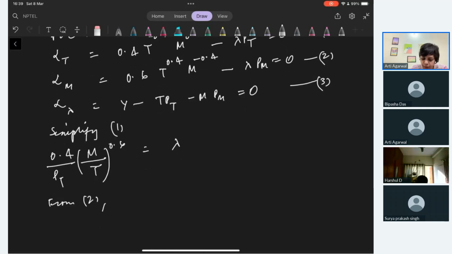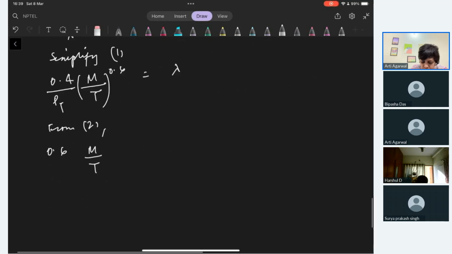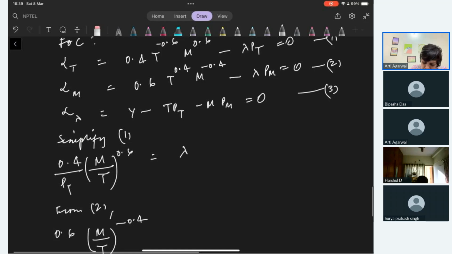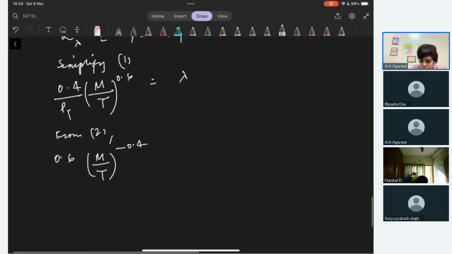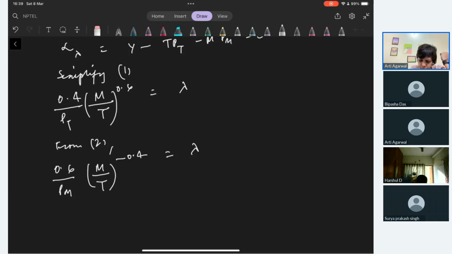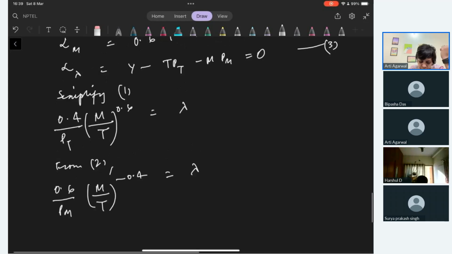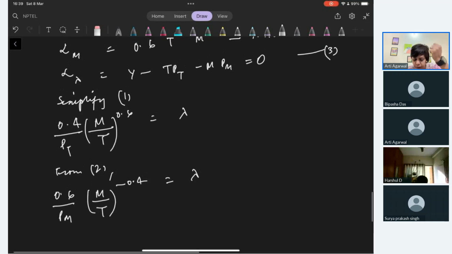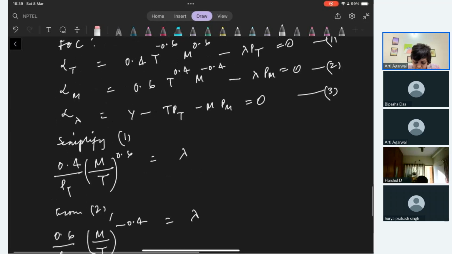We just write it in terms of m by t instead of t by m. And divided by pm. Okay, so now we know the expression for lambda in terms of pm and pt and m by t. Now let me look at equation 3 and see how we can substitute that.